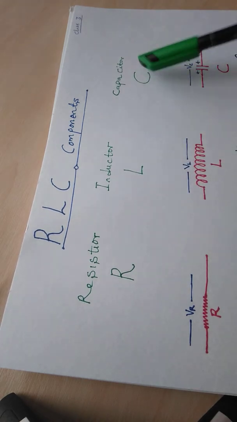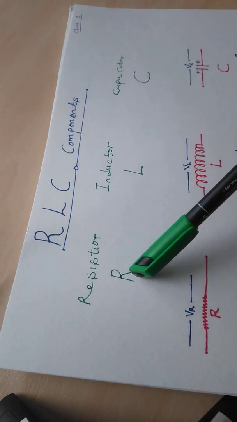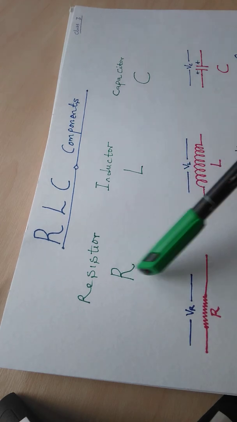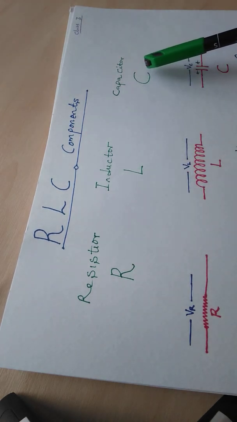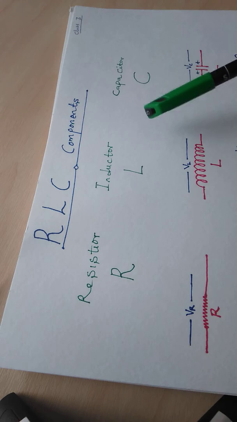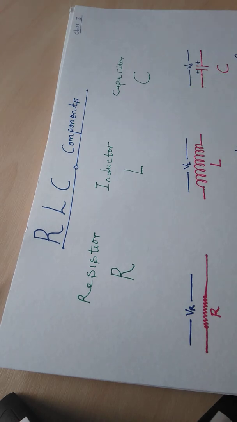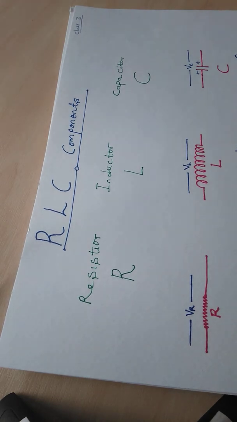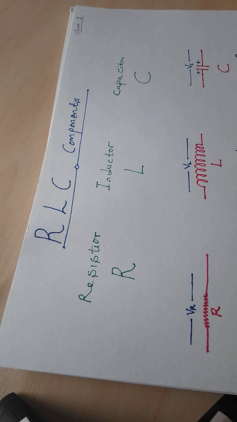Based on these components, either single or in combination, or combinations of them in lumps, could be used to build systems. So systems such as filters, high pass filters, low pass filters, band pass filters, and whatever. Those are systems, feedback systems, whatever systems you could remember.